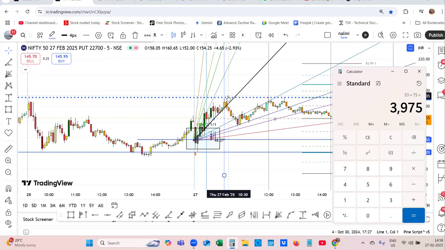Actually, whenever the price starts moving above the 45-degree angle, the movement will be bullish.